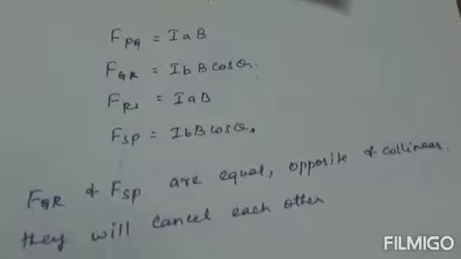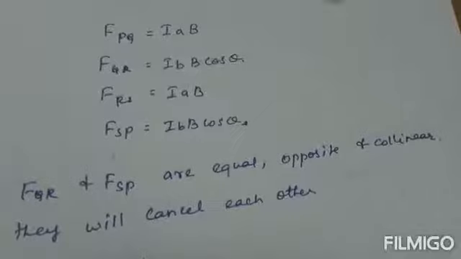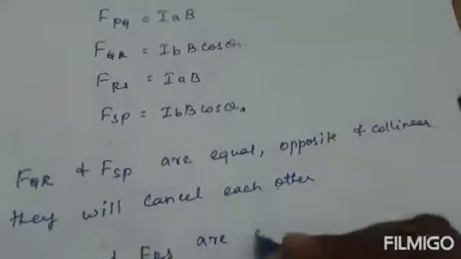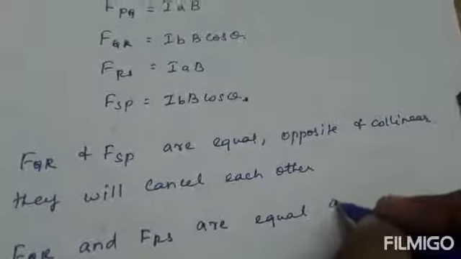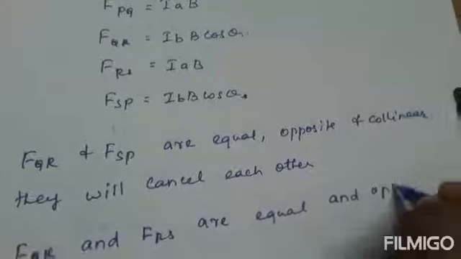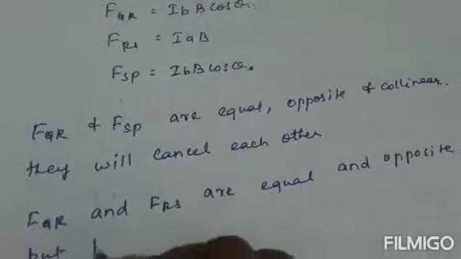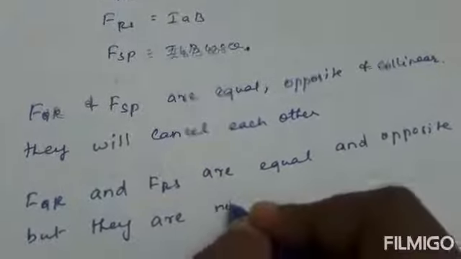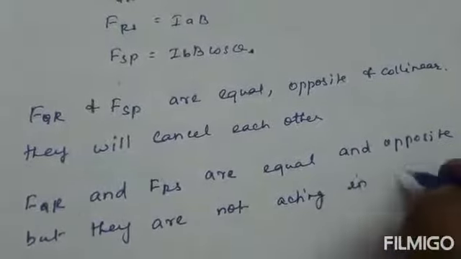So what you can write is F_PQ and F_RS are equal and opposite, but they are not acting in a straight line.